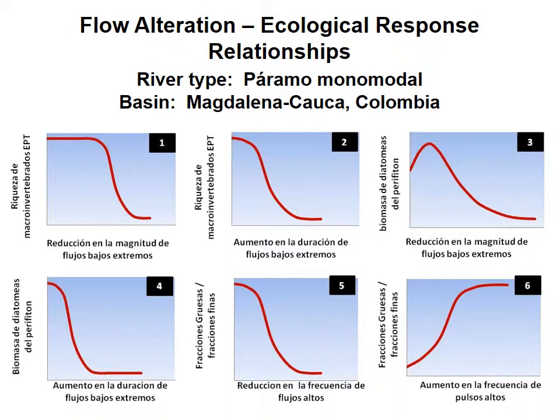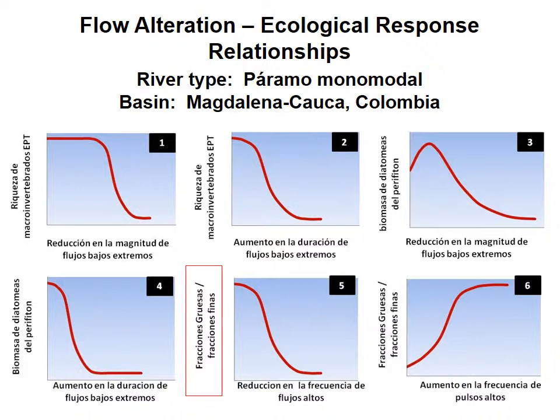For that type, we were able to develop with experts in an expert workshop process a number of different anticipated flow ecology relationships and flow alteration ecological response relationships. And I've just illustrated a number of those here. On the y-axis are different indices, different ecological measures, whether it's the richness of invertebrates, or the biomass of periphyton on the stones, or the ratio between fine and coarse sedimentary material.